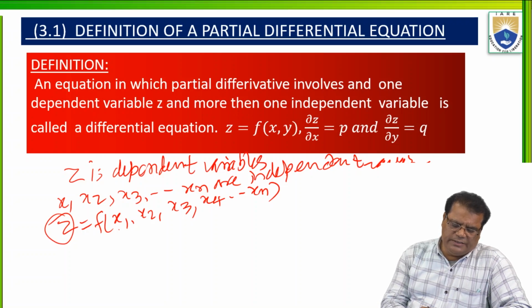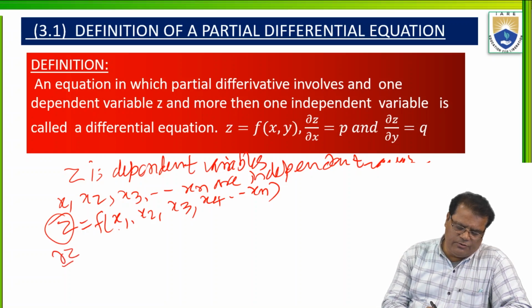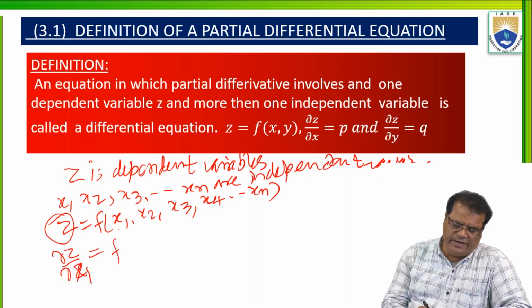And when we differentiate with respect to x1, then we are taking the other variables as constants. So now we differentiate, this is del z over del x1, the partial derivative. So this is f dash and this is the result. The others are the same here.